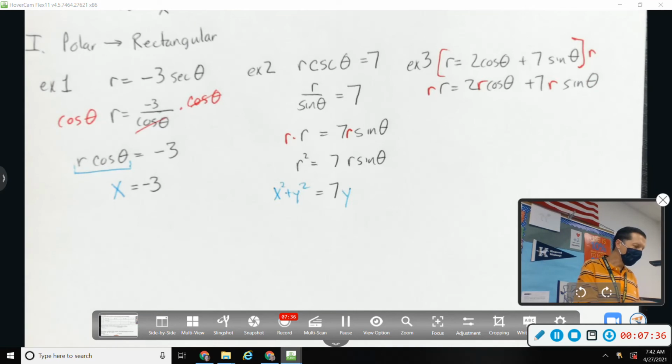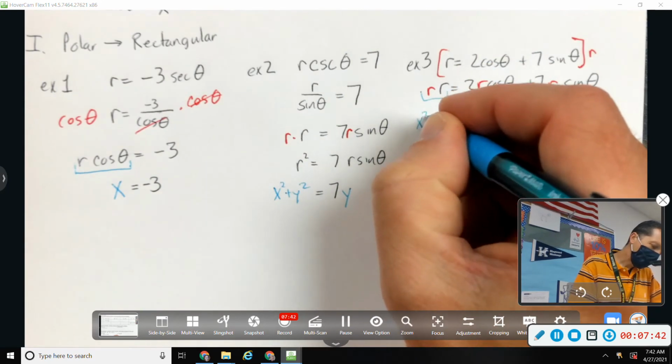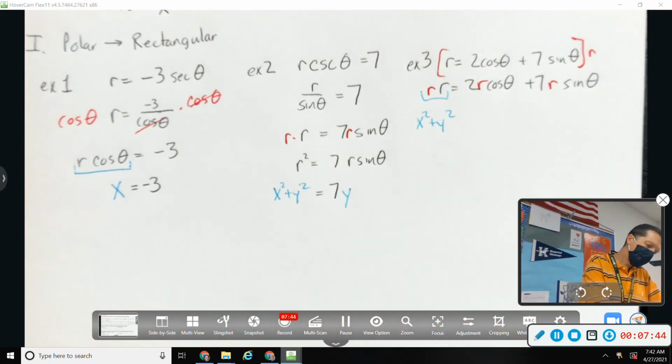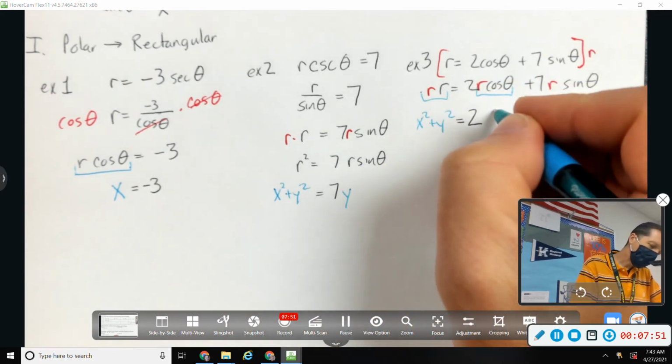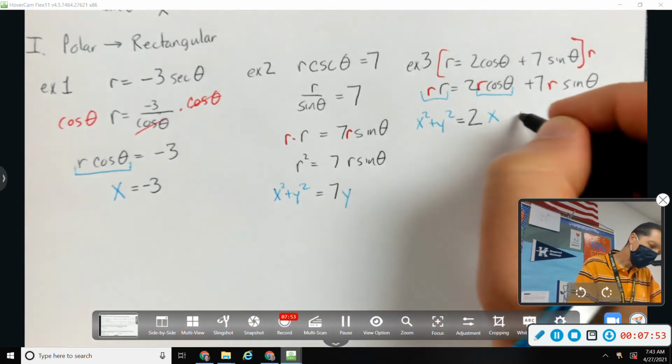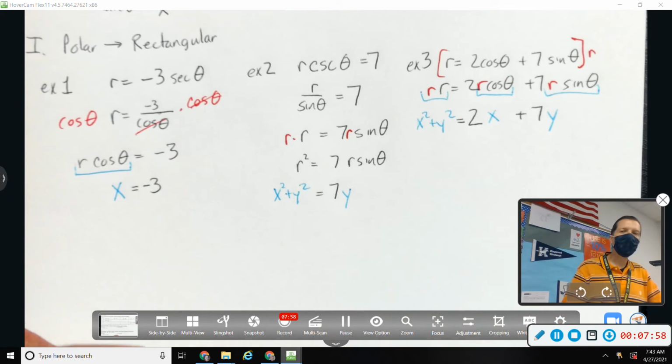Again, a little bit of creative algebra to make it work. r squared would be x squared plus y squared. r cosine theta is x, and r sine theta is y.